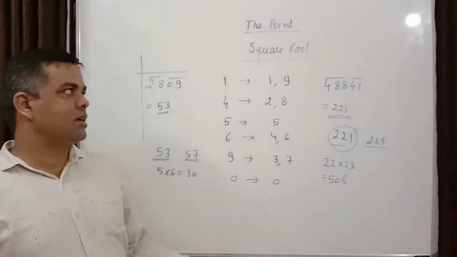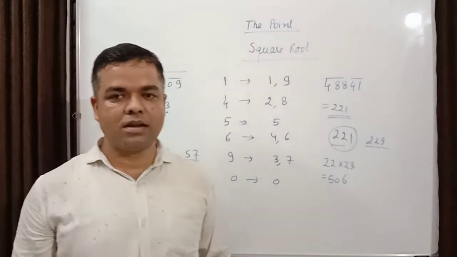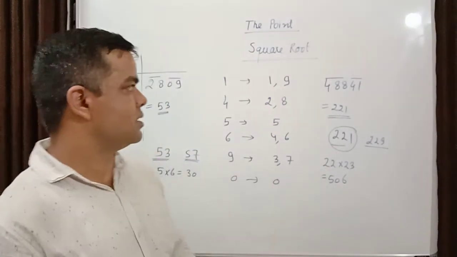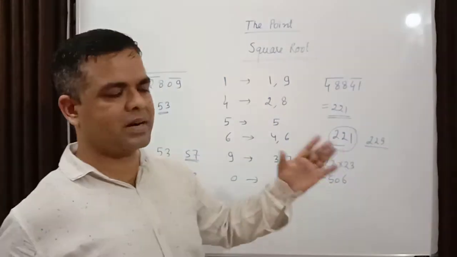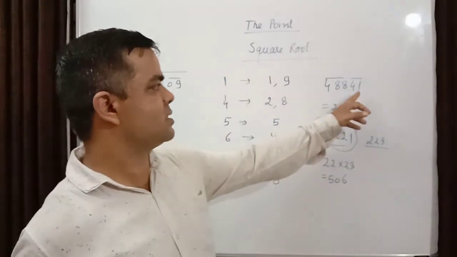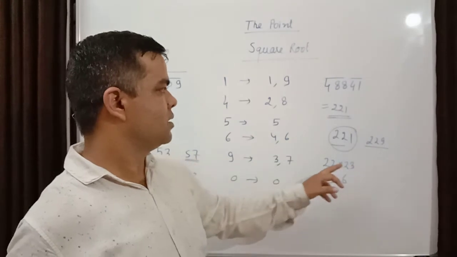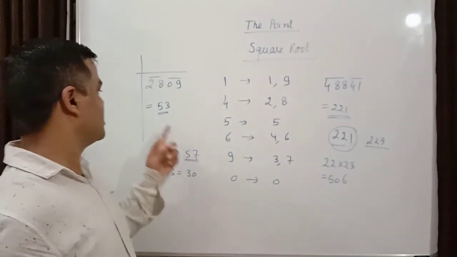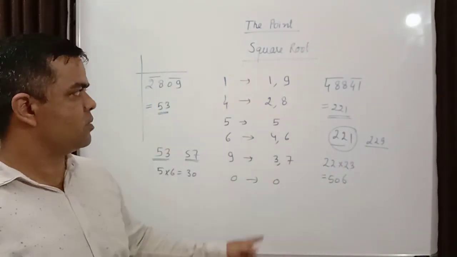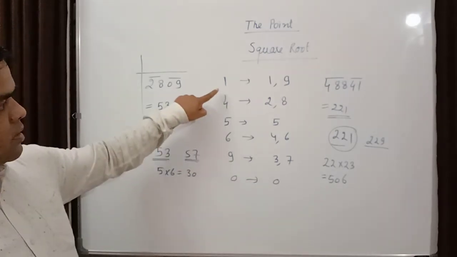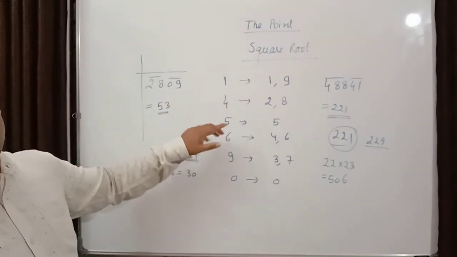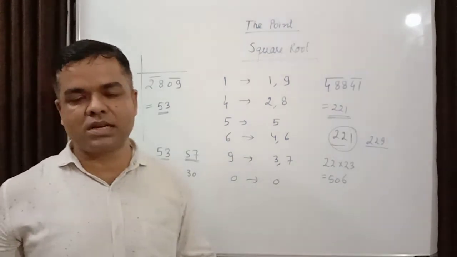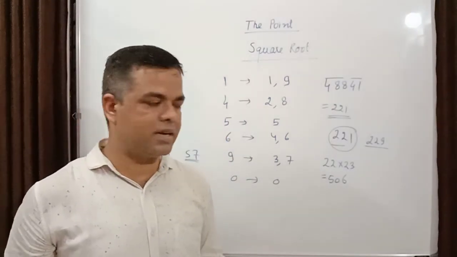So now I think I have made all the methods amply clear. This shortcut also you can easily use to mark the answer. If you practice, you can easily say this is the answer, 221, and this is the square root here, 53. Like that, if you remember, I have told you 2, 3, 7, 8 do not come at the unit digit of a perfect square. You remember it.